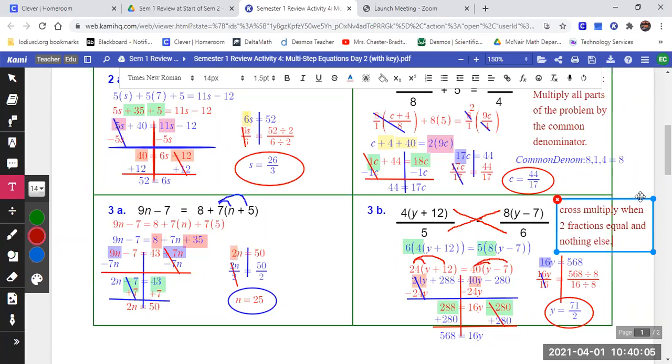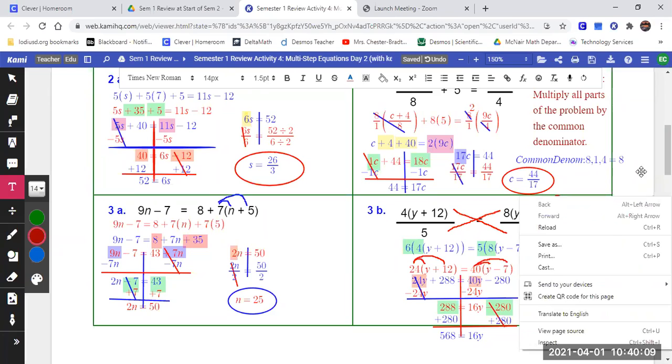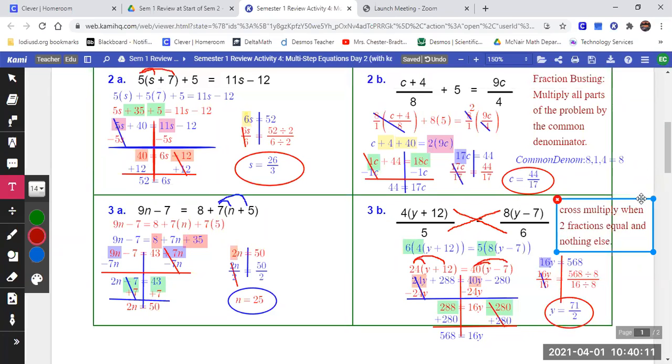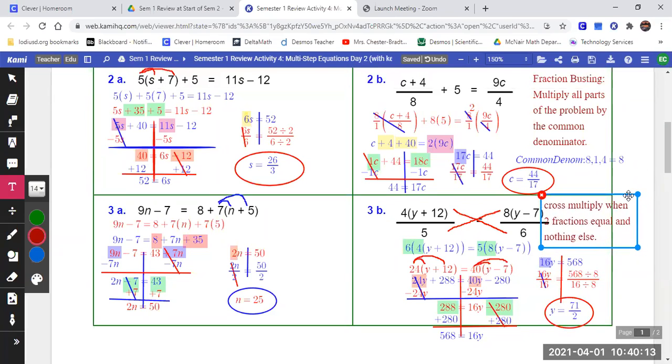So this problem only had two fractions that were equal to each other. That was all the problem had. And that is why we were allowed to cross multiply. The other ones had more stuff in them than just the two fractions. That's why we had to go ahead and do the other process.